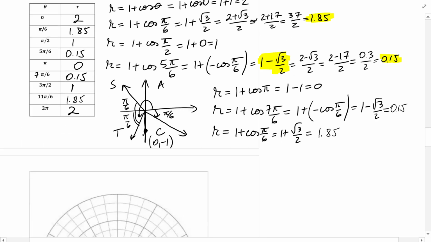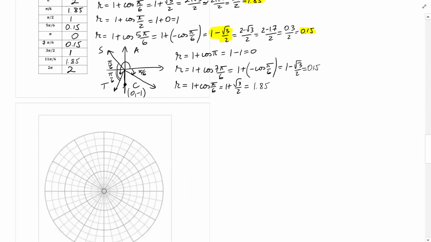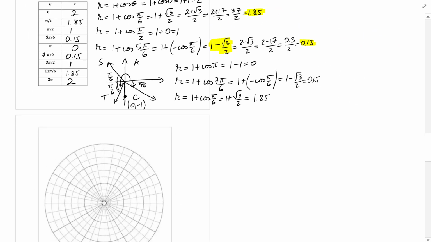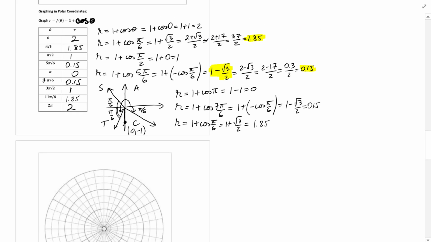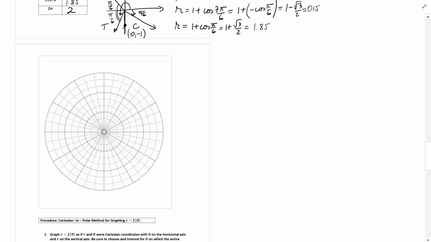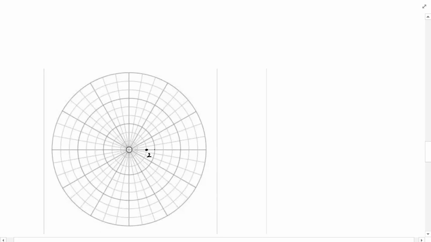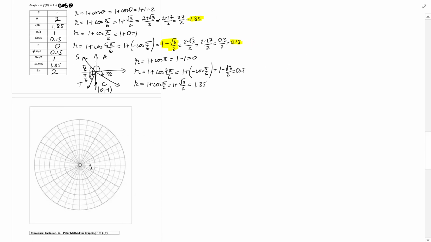So now, having the table of values, let's plot them in the plane. For 0, r is 2. So angle is 0, r is 2. I'm going to count 1, 2 here. Then for pi over 6, it's 1.85.